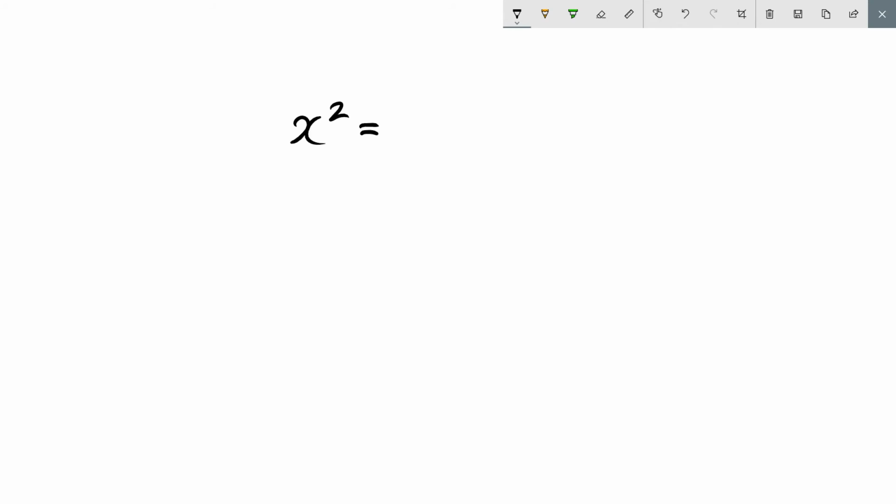So x squared equals x plus 2. What kind of x value does that make sense with? Well, we can find out with transposing. So let's subtract x plus 2.